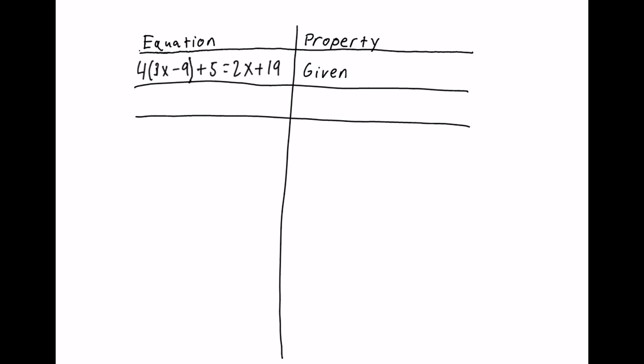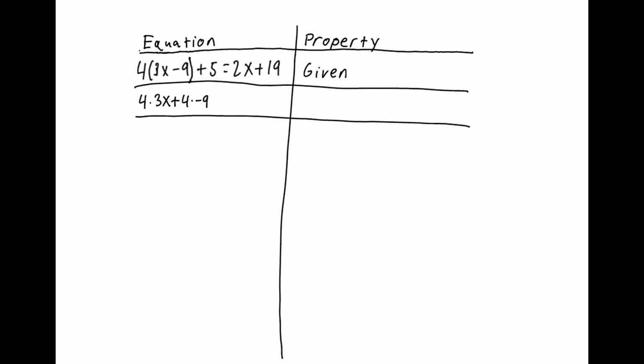So remember, in the distributive property, you need to multiply 4 by everything inside the parentheses. So we have 4 times 3x, and then let's just put a plus here for now. There was a minus, but we'll just have the minus there for the negative 9. So we've got a plus, and then 4 times negative 9.